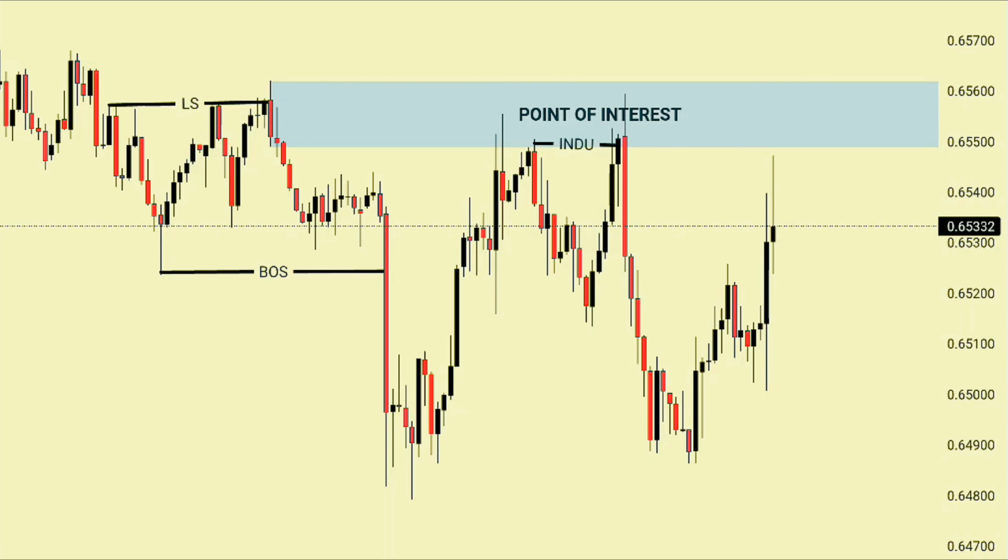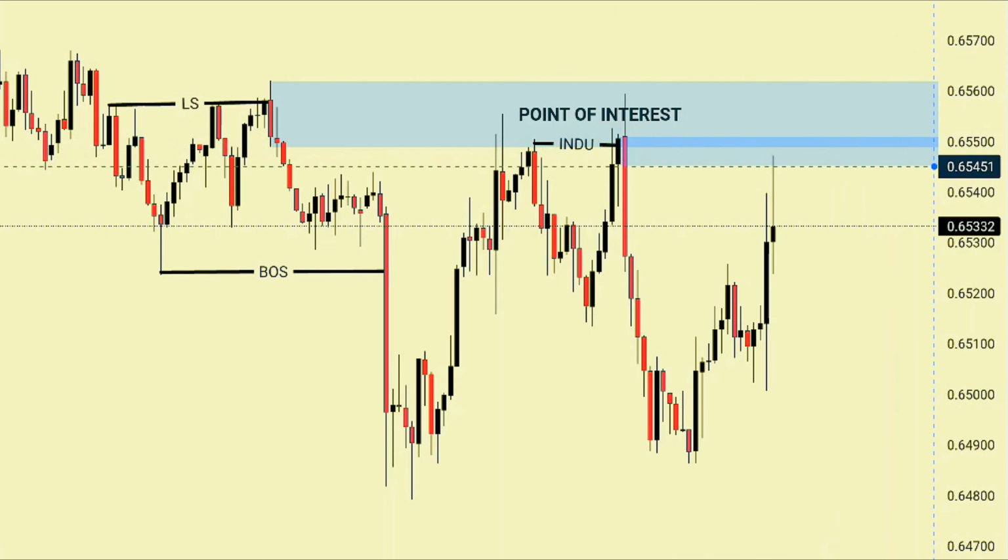Their stop losses become liquidity. Smart money deliberately creates inducement because it gives them extra liquidity to fill their institutional orders. It ensures retail gets trapped on the wrong side. It increases the probability that the point of interest will hold perfectly. When inducement gets taken out, that's when you know the real move is coming.